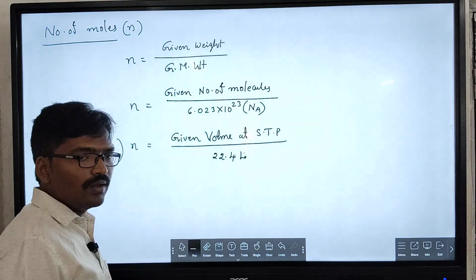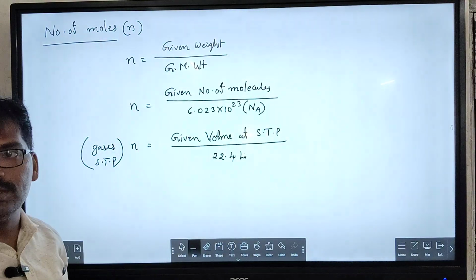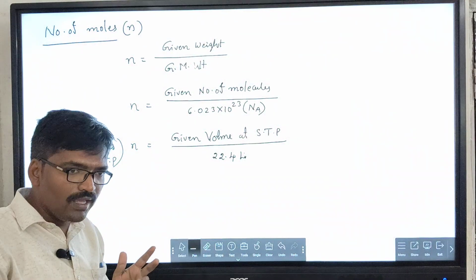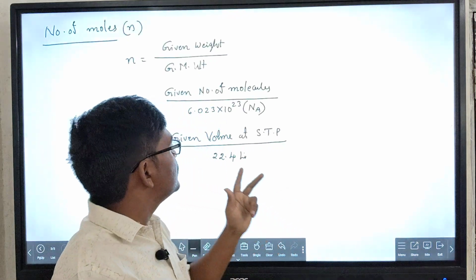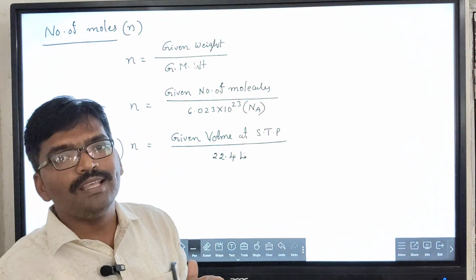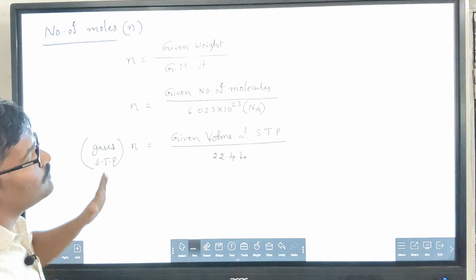So these three are used to calculate the number of moles, in case they give weight, or number of atoms or number of molecules, or volume at STP conditions. So this is the formula we have to use for the number of moles.